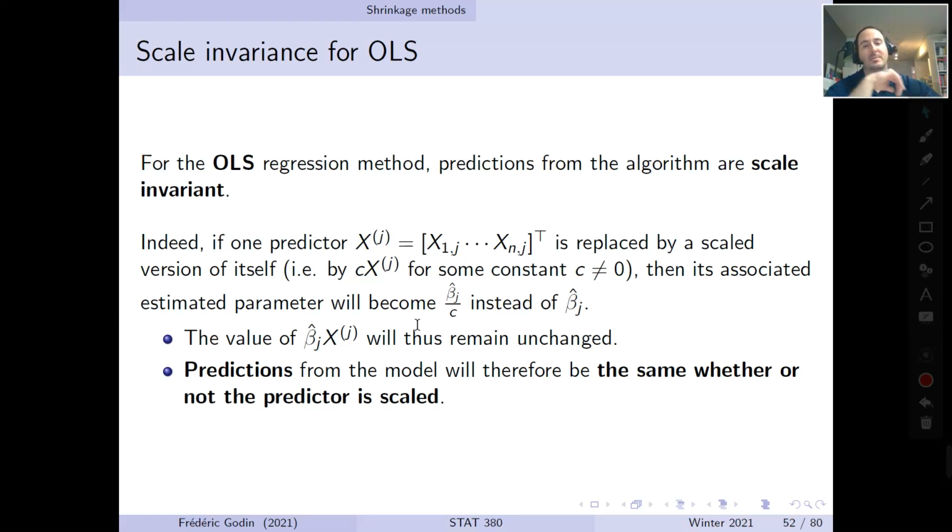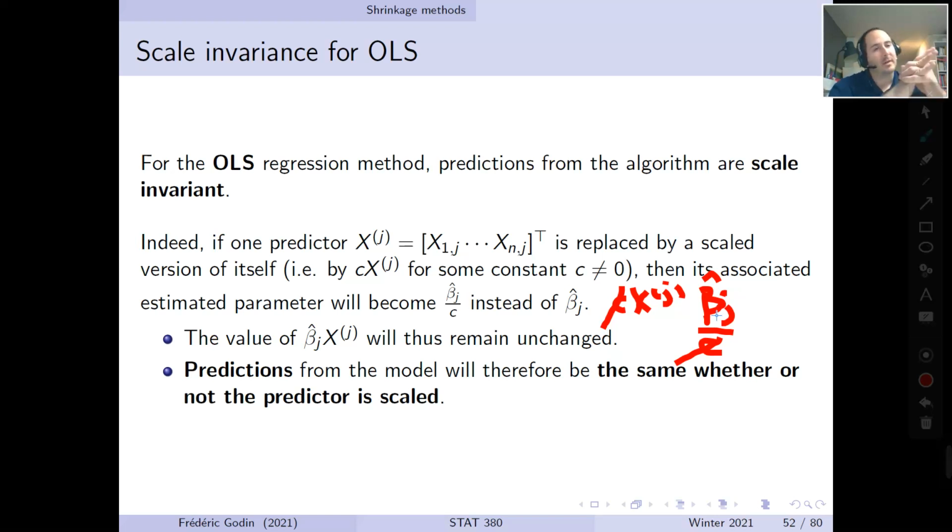Why is that the case? If you apply a linear regression and take a predictor xj and replace it in the data by xj times c, where c is some constant different than 0, then the only thing that happens when you run the new regression is that your old estimate beta j hat will be replaced by beta j hat divided by c, so that when you take the product between your new predictor and your new slope, both cancel out, and ultimately you get the same product, so your predictions will not change.